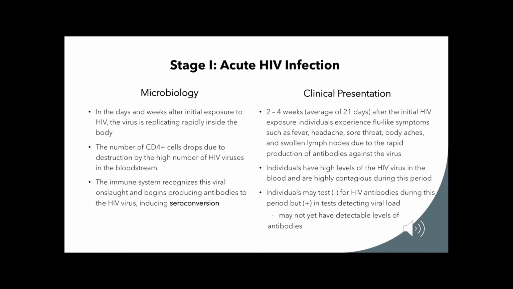When the immune system does recognize this viral onslaught, it begins producing antibodies. Once those antibodies begin to be produced, this is called seroconversion, in which antibodies against HIV are present in the bloodstream.